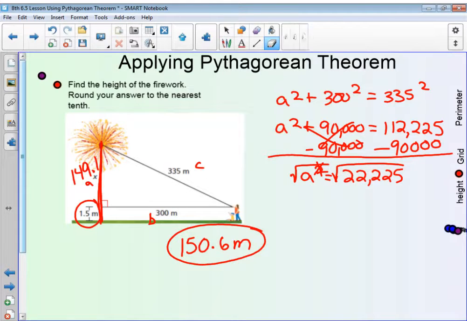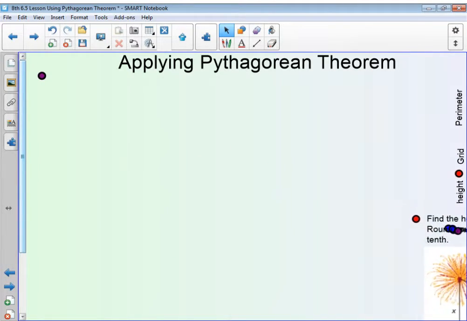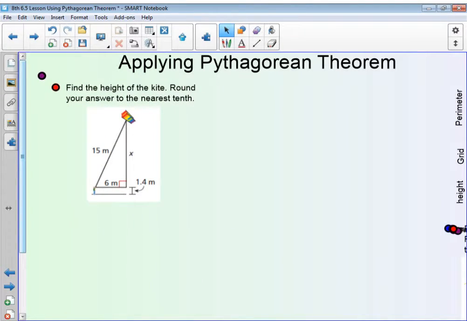Okay, so let's go ahead and try another one of those. Once again, it's just applying Pythagorean theorem to a real world situation. Okay, so last one, it says find the height of the kite, round your answer to the nearest tenth. So we're noticing that the height when he's holding up the kite is 1.4 meters from the ground. So we have to include that in the end because we want to know how far that kite is from the ground.